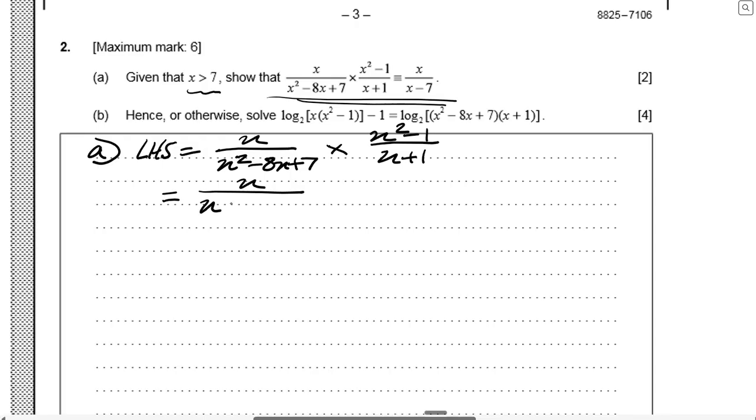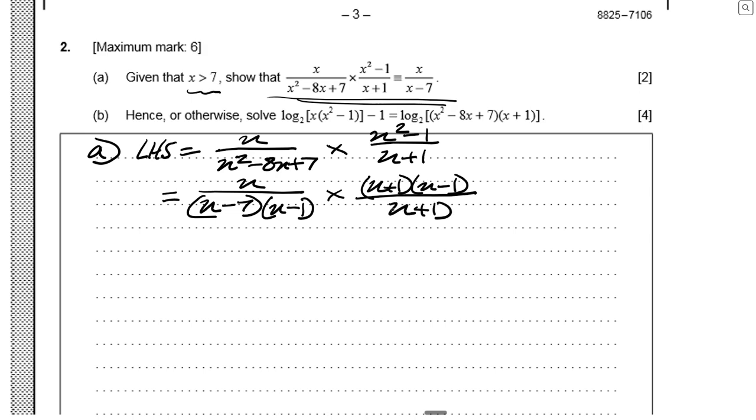Okay, so we have (x minus 7)(x minus 1) times (x plus 1)(x minus 1), divided by (x plus 1), and we have these cancel out, and these two cancel out. So what we get is x over x minus 7, which is equal to our right hand side.